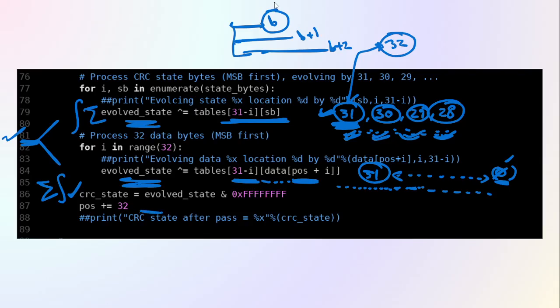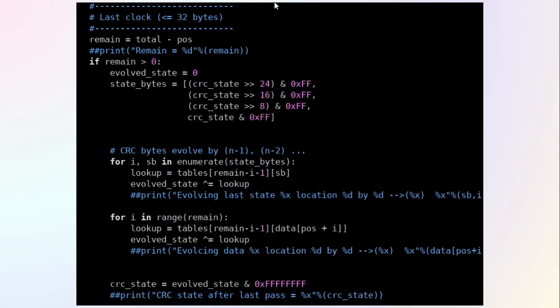And so you just keep going through this. Then in the last clock cycle, it's a little bit different. Now in the last clock cycle, you again have the different state bytes of the CRC. But when you load the CRC, you load it on the right side, so you load the tables on the right side.